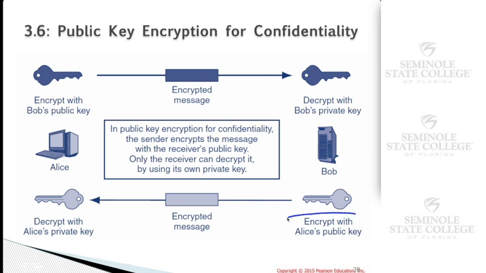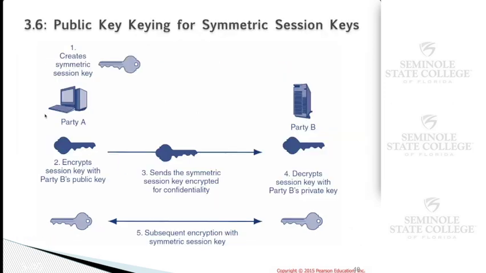If, on the other hand, going the other direction, if now you encrypt with Alice's public key, send it over, it can only be decrypted with Alice's private key. So you guys understand that as you send things over from person A to person B and you use their public key, then person B is the only one that can read it, right? Public key for symmetric session goes this way. So first you create symmetric session key, okay?